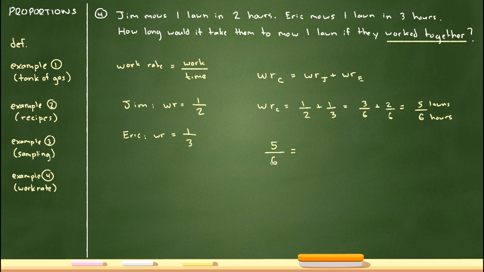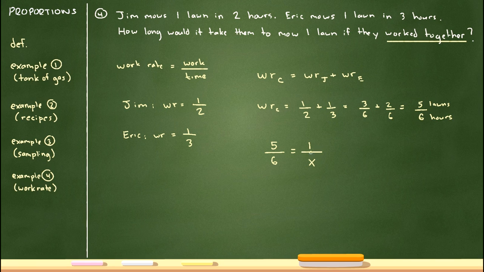Okay, so 5 lawns over 6 hours would be proportionate to 1 lawn over how many hours? Okay, so this is how we set up the proportion in this case. We needed to do a little bit extra work, and we needed to remember this formula here, work over time. And then we needed to remember that if you want combined work rates, you would add their work rates together, and in this case we get 5/6.